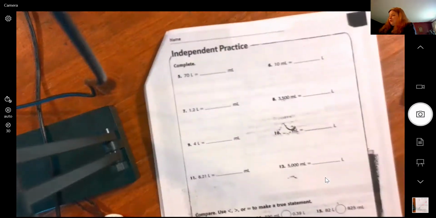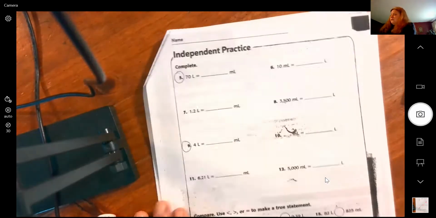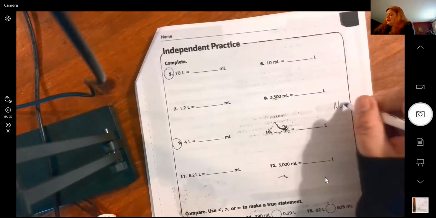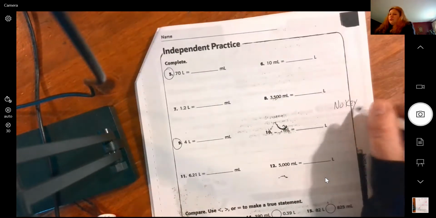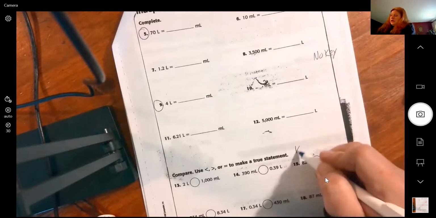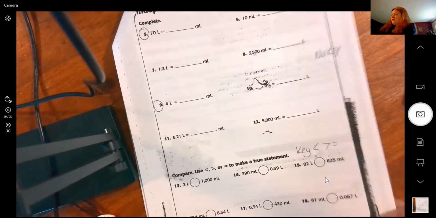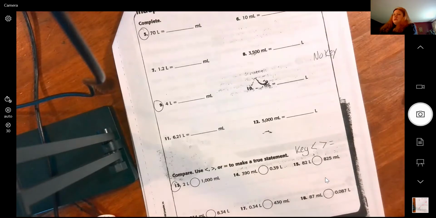All right, we are only going to do 2 practice problems. I can't do a key for these because you'll see the numbers and know which one goes with which one, but I can do a key for the bottom ones. And I will tell you the number of each of our measurements. We'll do one of these down here too.